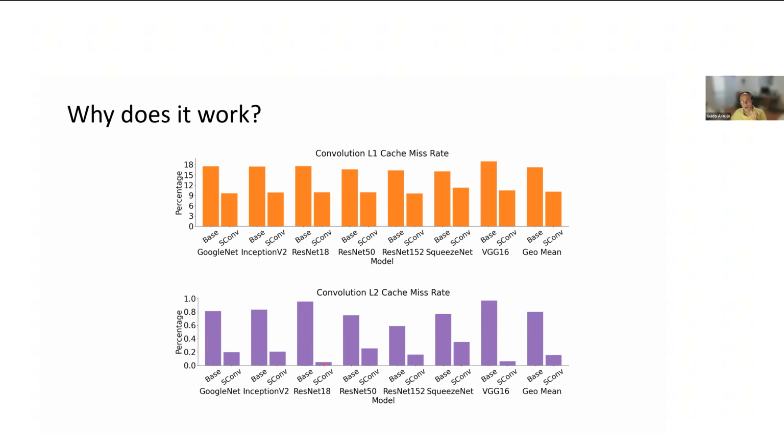Sometimes even smaller than that. And okay, so why does it work? Because it considerably improves locality. With all these huge workloads that we have in machine learning, reducing cache misses or reducing data movement as much as we can is the most important thing.